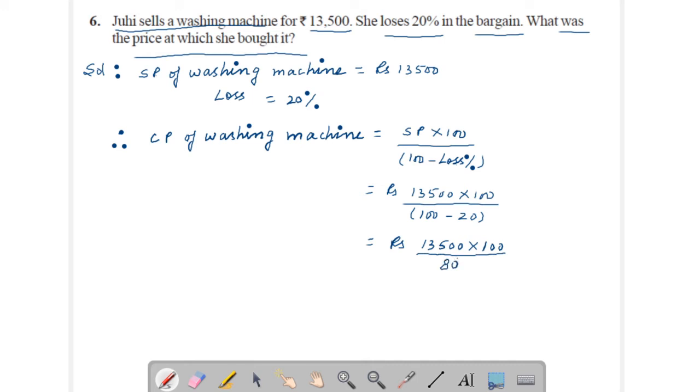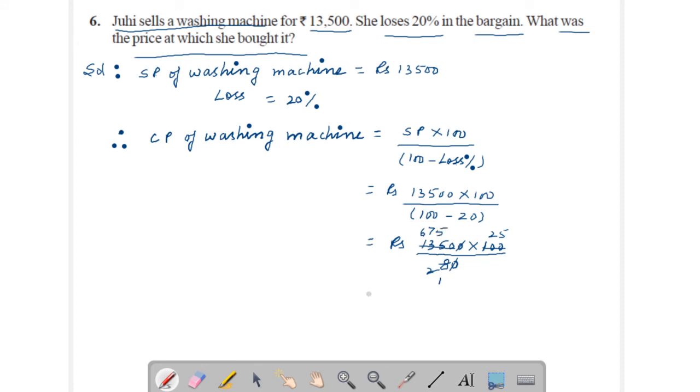Here cancel 0 by 0, by 4. 4 2 is 8, and 25 4 100, again by 2, 2 1 by 2, 2 6 12, 2 7 14, and 2 5 10.